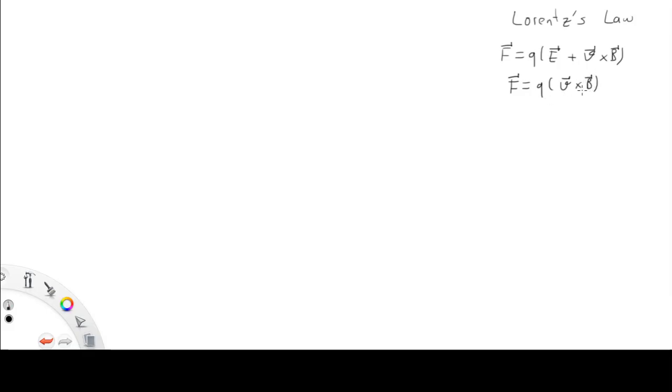We have a vector cross product here, so let's draw a Cartesian coordinate system here. We have x-axis, y-axis, and z-axis.